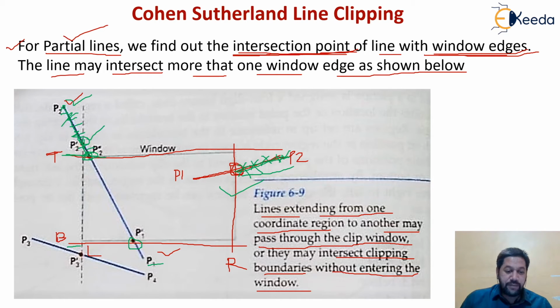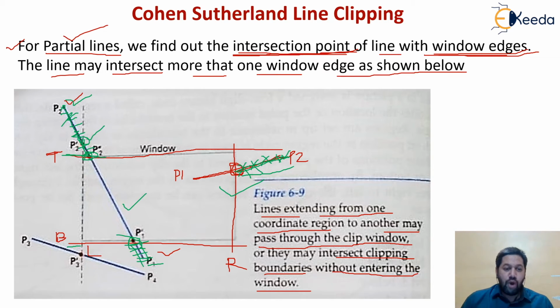Next I am finding this as my intersection point, so this particular part of the line is also rejected, clipped or removed. So what is visible to me? Only the line from this point to this point is visible, and the remaining part of the line is clipped, or removed from the output or the display window.